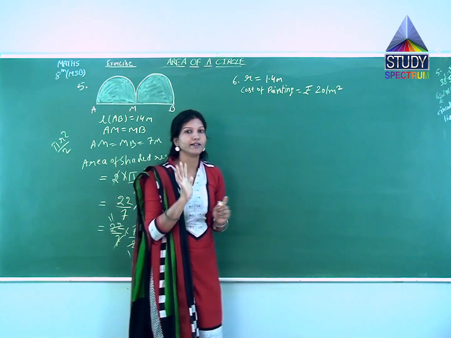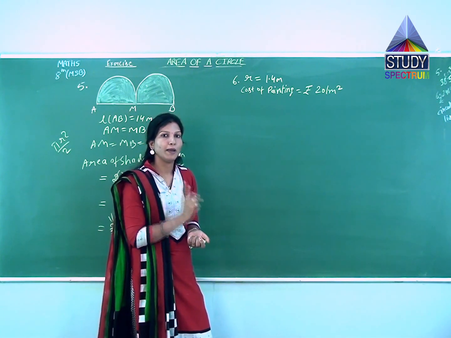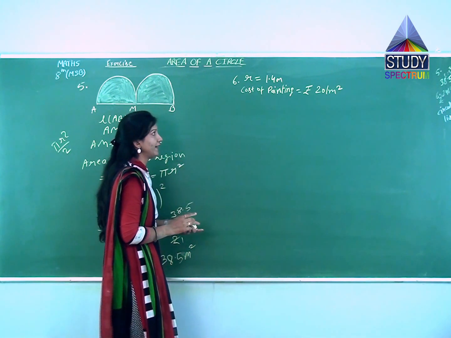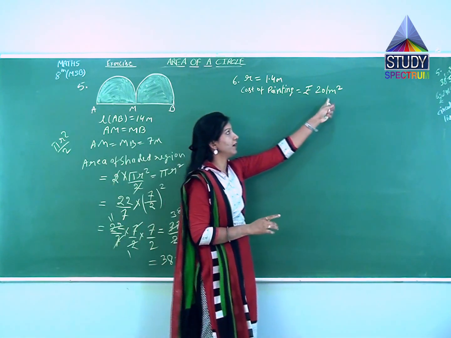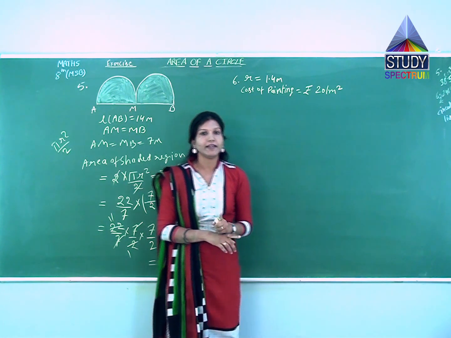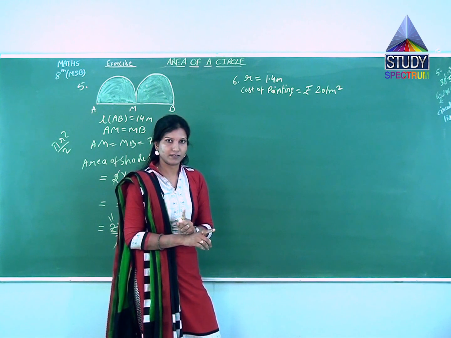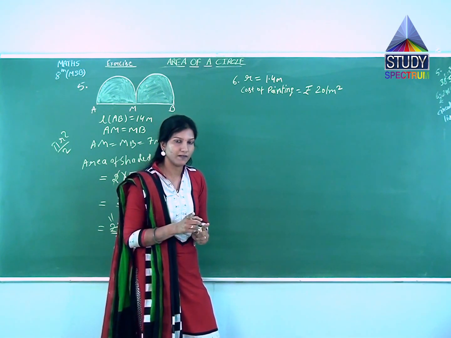But there are 100 such lids, means we have 100 lids to be painted, and the cost of painting is ₹20 per meter square. As I have said, the painting can always be done on the area of this circular lid, not on the circumference.